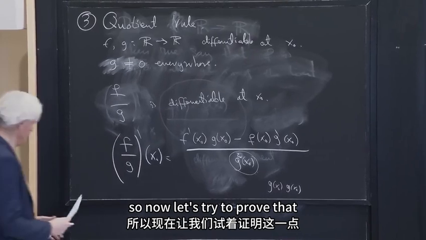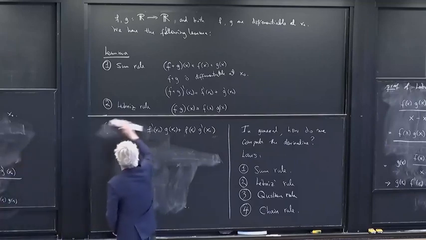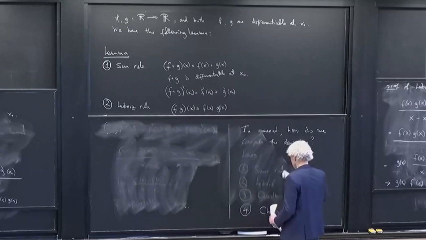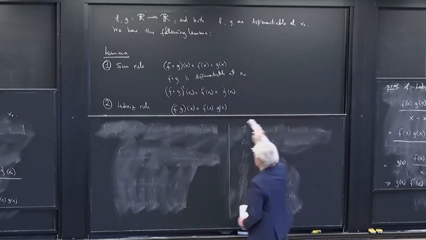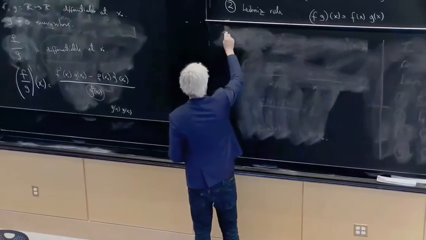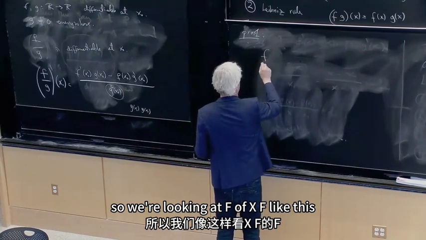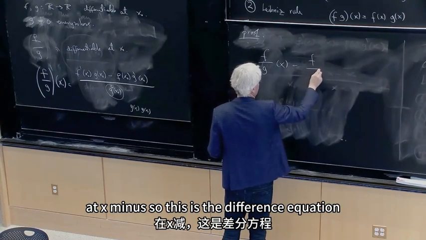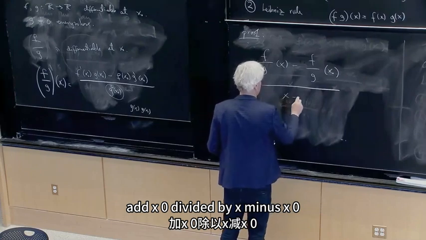So now let's try to prove that. So we're looking at f of x over g of x, at x minus the value at x0, divided by x minus x0.